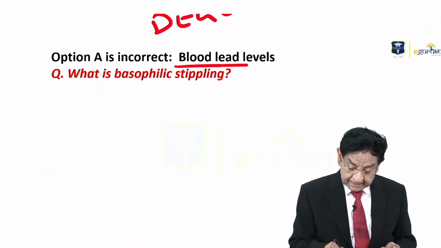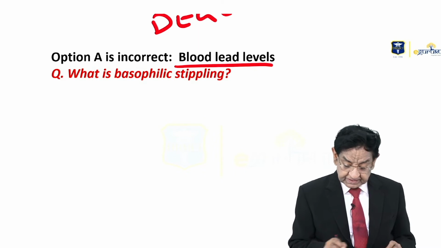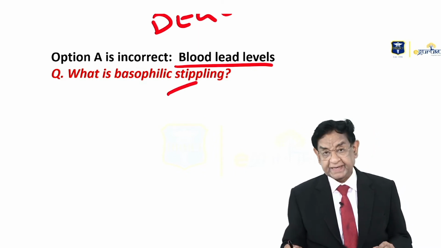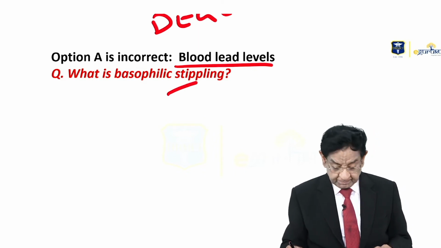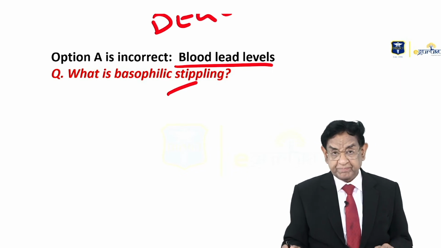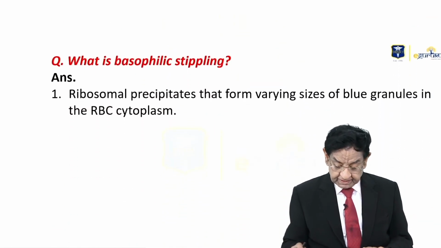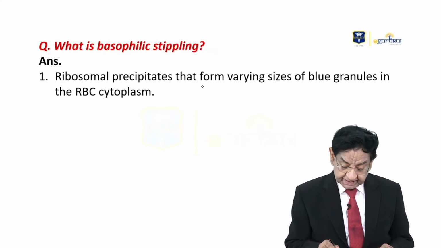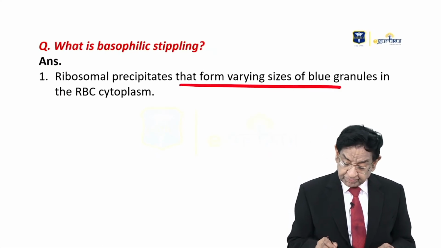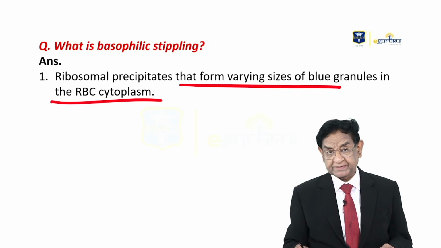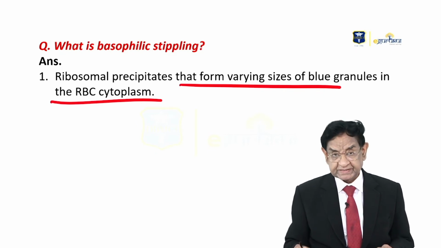Now, blood lead level. In this, we get basophilic stippling classically. But what do you mean by basophilic stippling? Basophilic stippling is the formation of varying sizes of blue granules in the RBC cytoplasm.